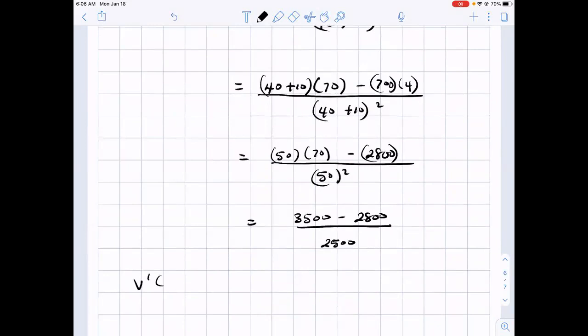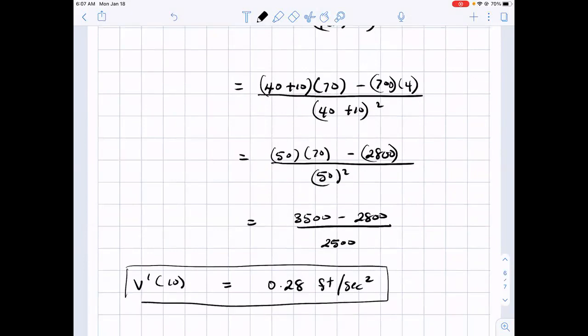So V prime of 10, if you round this to two decimal places, will be 0.28 feet per second squared. So this will be your result for the third part.